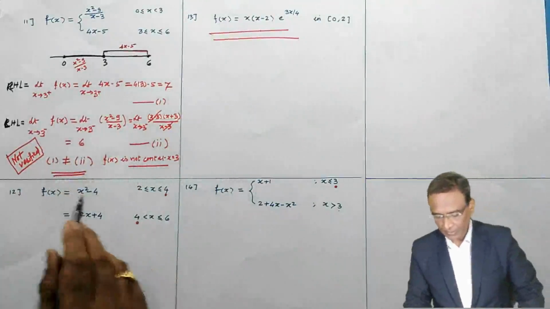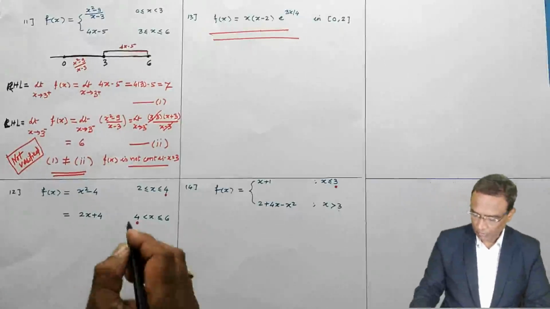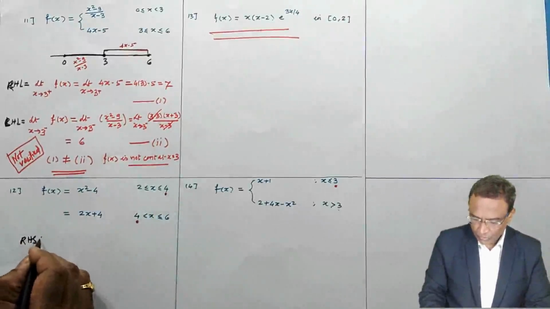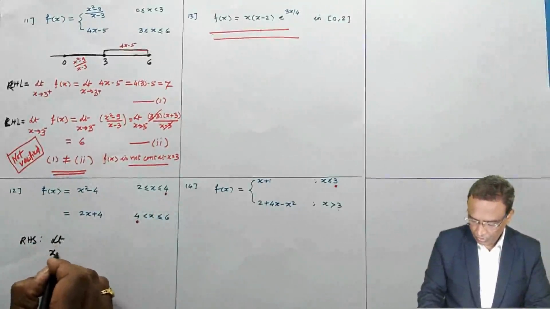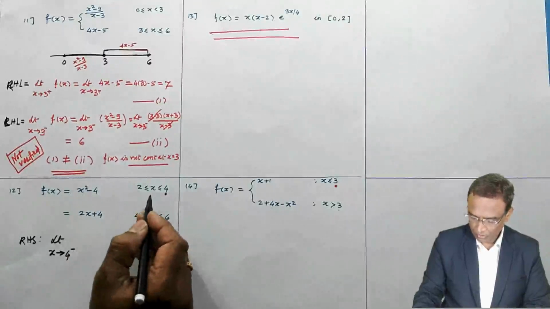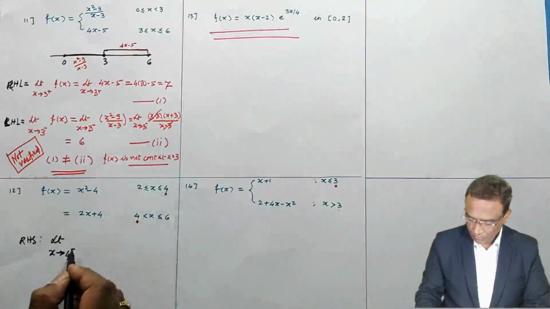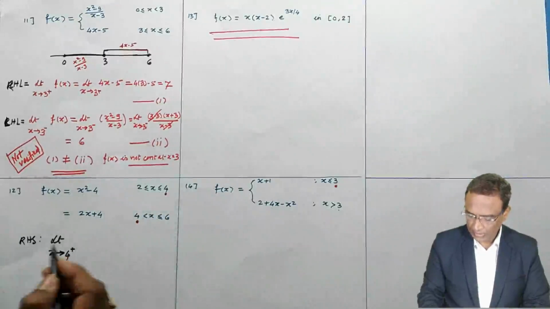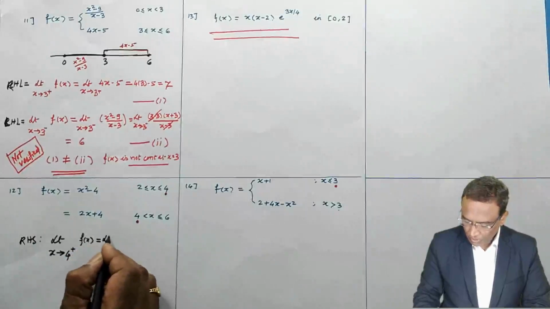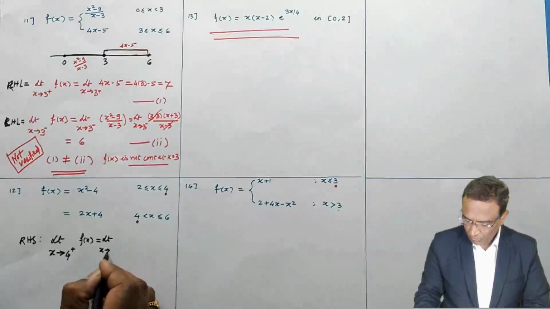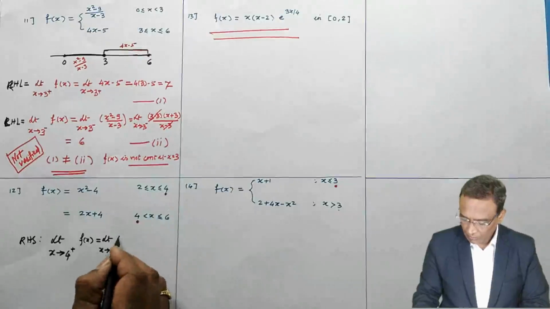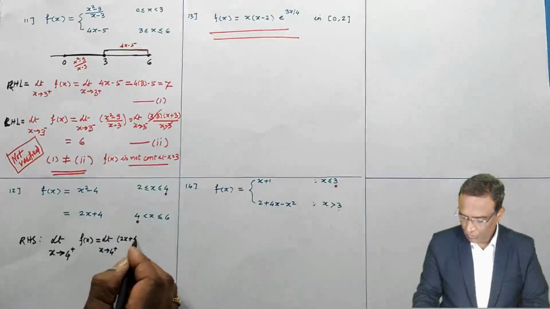Similarly, in the next problem, 4 is a transition point. The right hand limit I am going to find: limit x tends to 4 plus. In which interval does 4 plus lie, tell me. 4 plus appears here, means the value of f(x) is 2x plus 4.